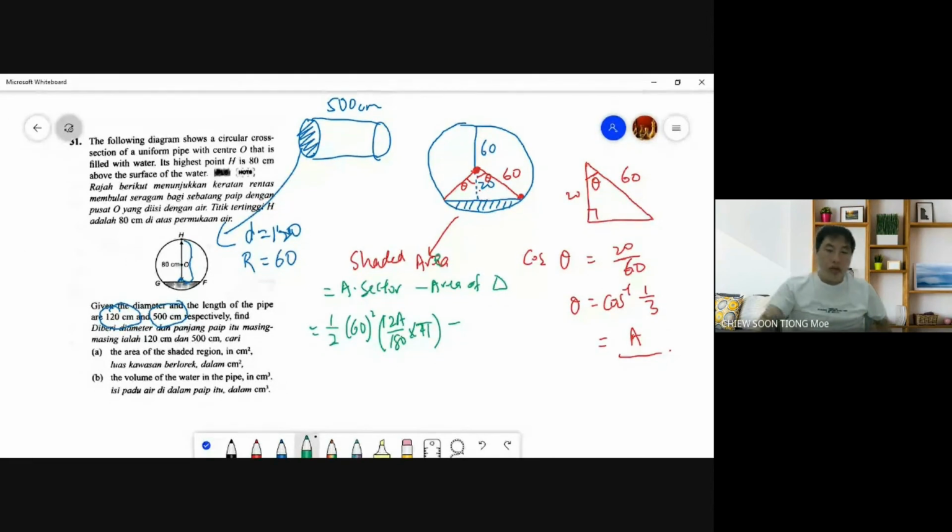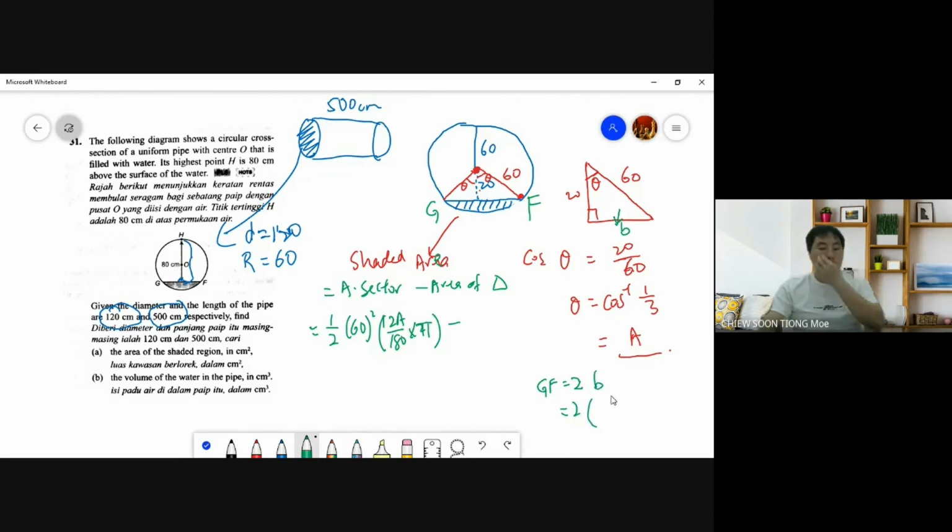Minus area of triangle. You have to get this length, GF, sorry. So we have to get GF first. GF is 2 times, for example, I label this one as B. How to get B?